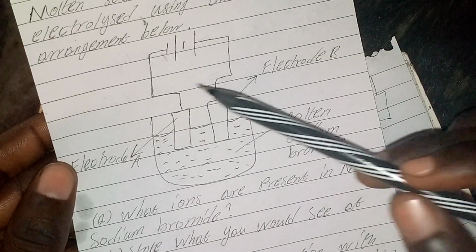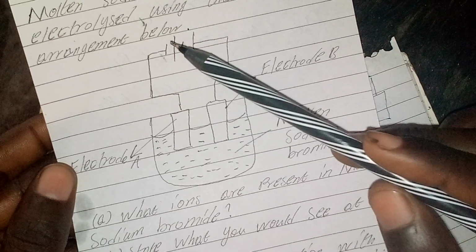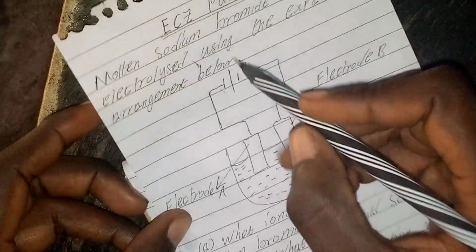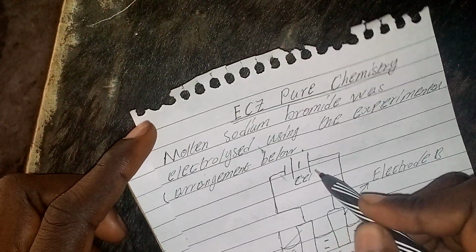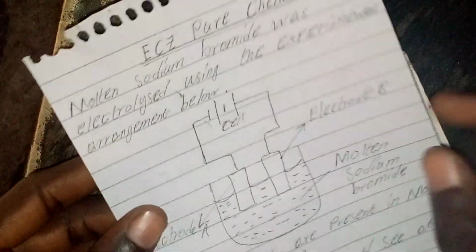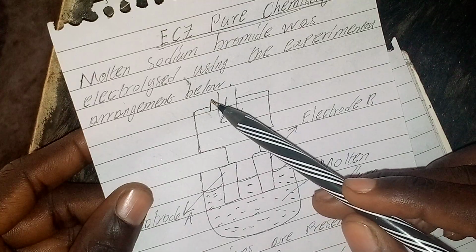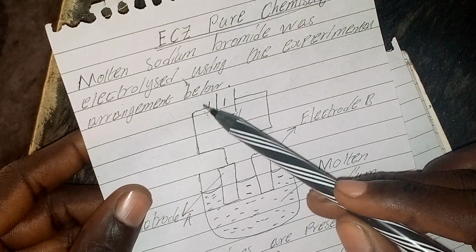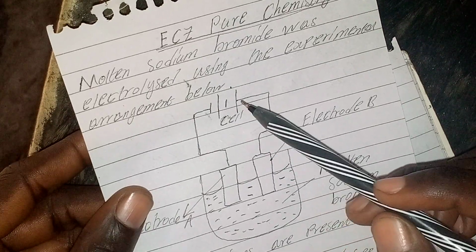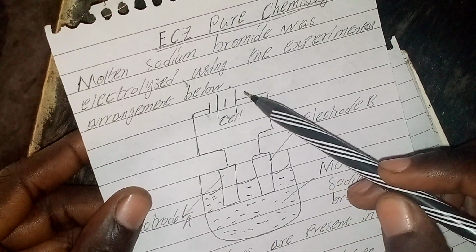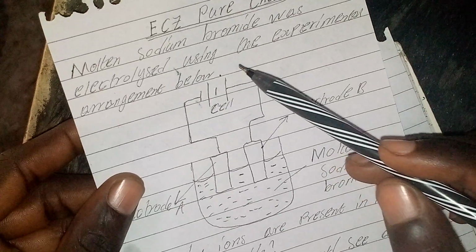So how have I identified this is the negative part and this is the positive part? Simple. If you look here, there is a cell symbol. At the side where it has a small line, that simply means it's negative, while the other side, starting with a big line, is the positive.